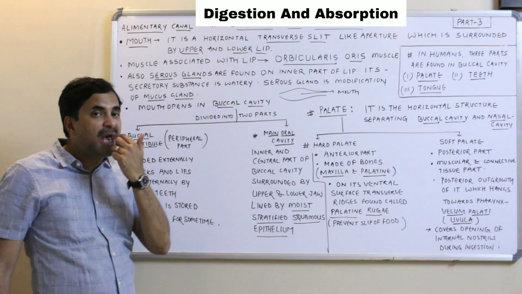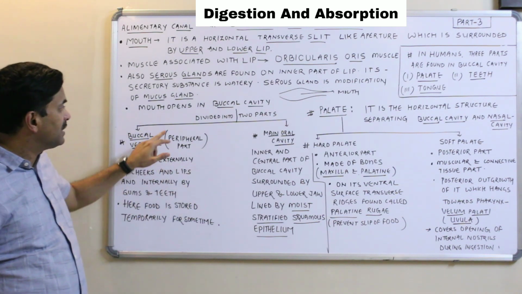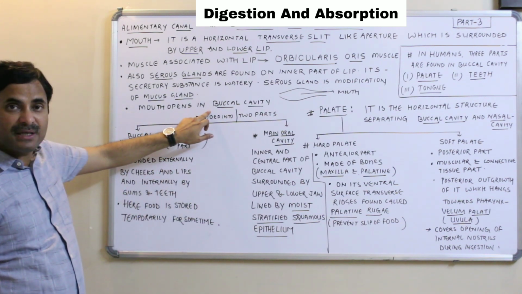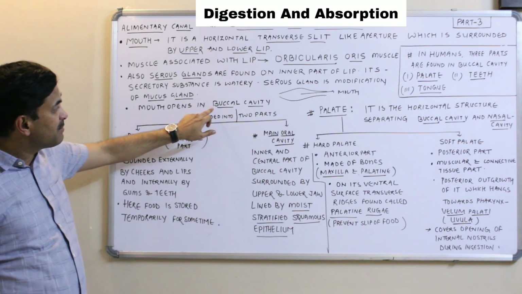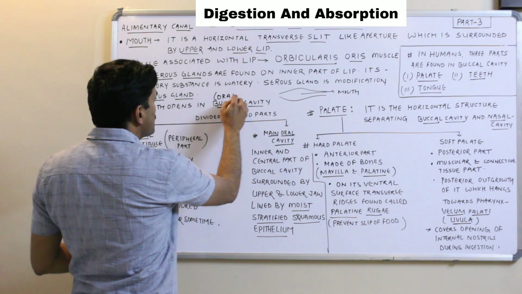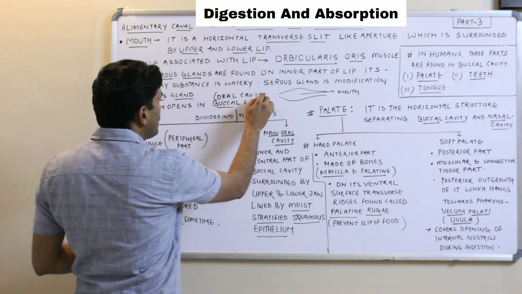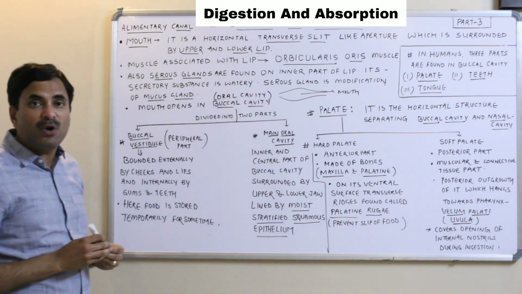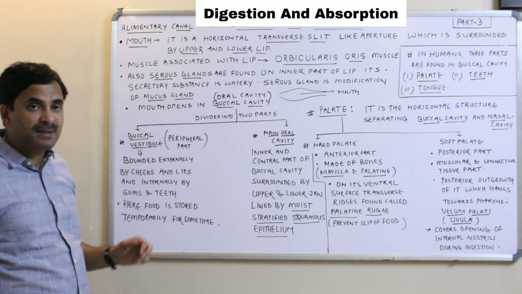Now we know that in the earlier video we talked about how the next part of the alimentary canal just behind the mouth is the buccal cavity, which is also called the oral cavity, and it is divided into how many parts? Two parts.